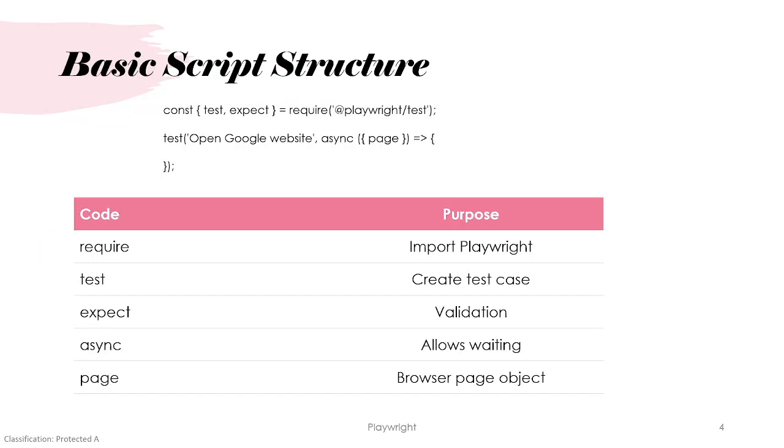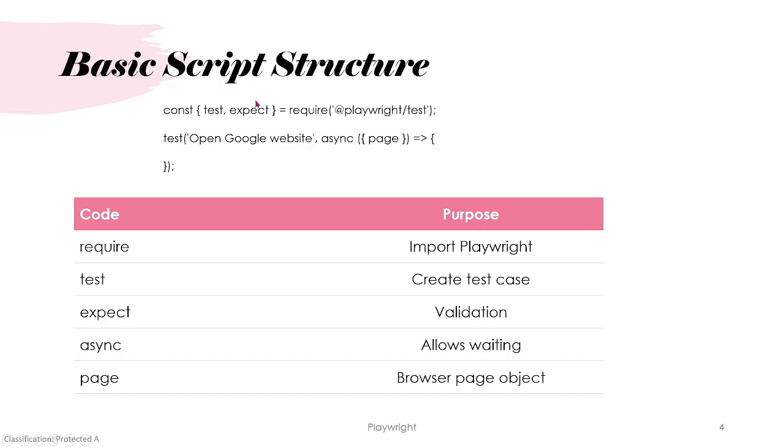Basic script structure. You see here the first line in the header, constant, this one, require Playwright test. This is a test, open, this is a test case name, and async here.